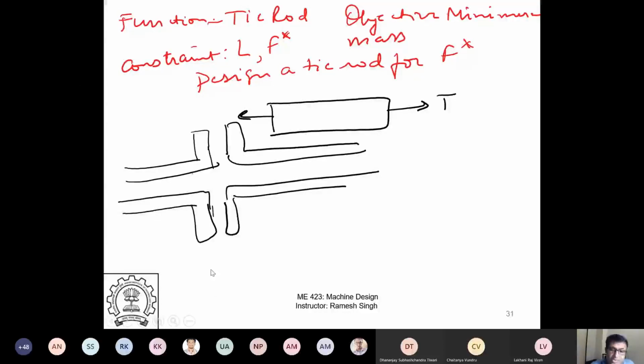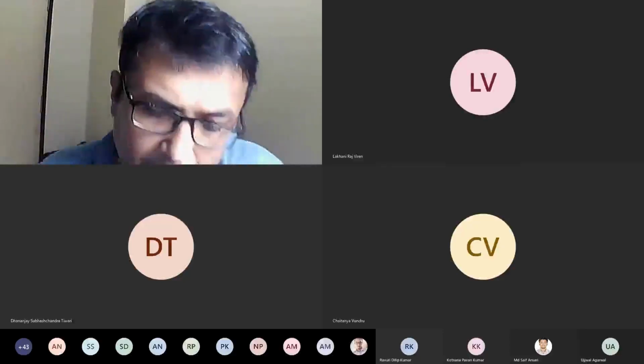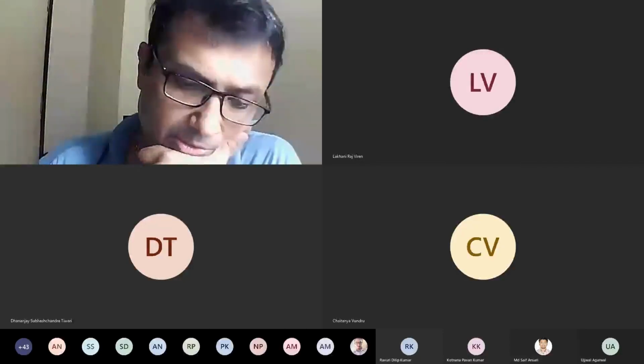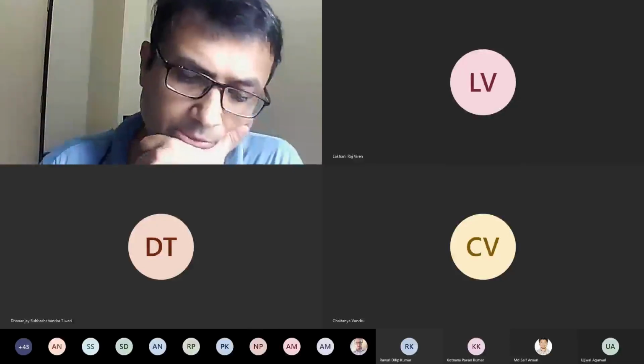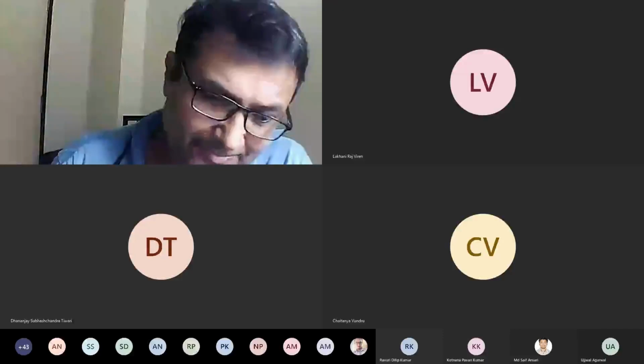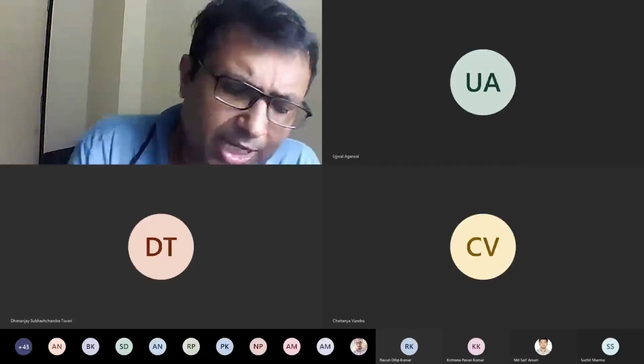Anybody who says no, let me explain that. If you have to keep on tightening the flange, you will use something similar to a simple stud.